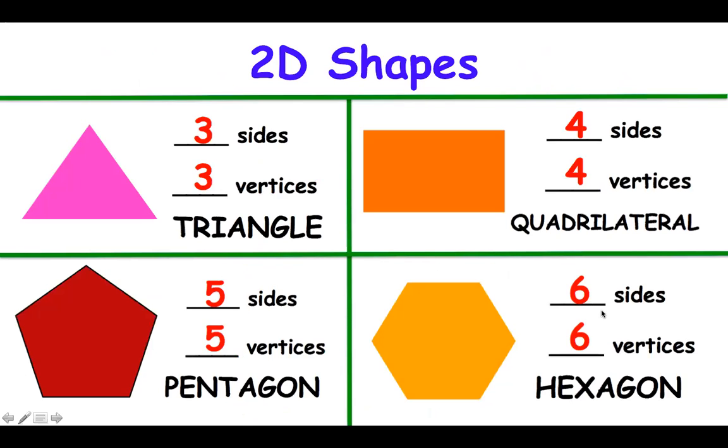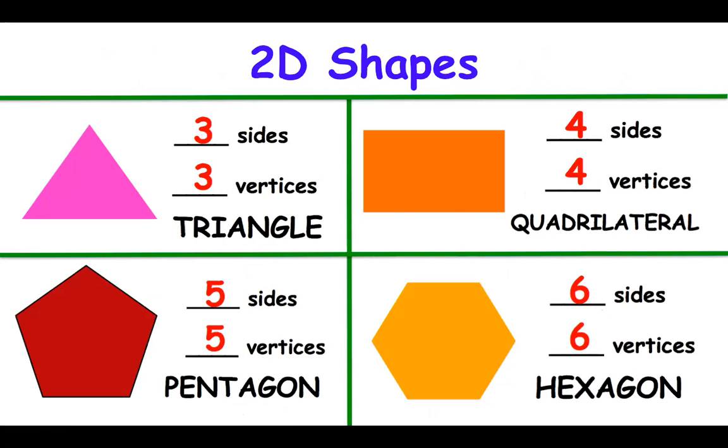So here are all the 2D shapes we learned today. We learned that if a shape has 3 sides and 3 vertices, it is always called a triangle. We learned if a shape has 4 sides and 4 vertices, it's called a quadrilateral. Now, you might be thinking, wait a minute, that's a rectangle. Yeah, you're right, that is a rectangle.